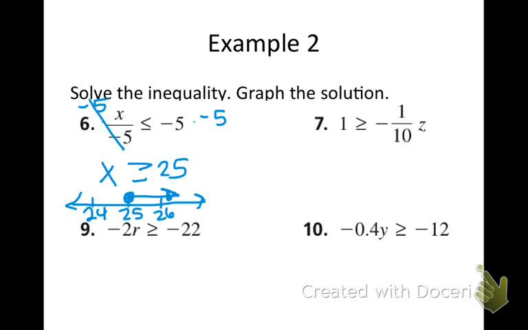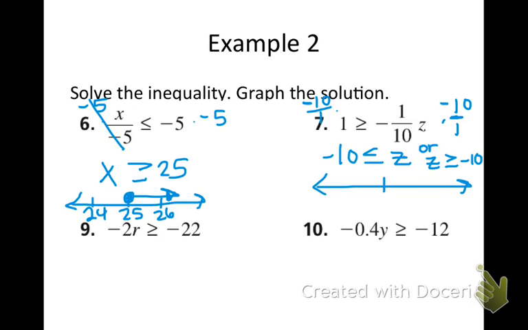For 7, over here on the right, we will multiply both sides by a negative 10 over 1. So a negative 10, reverse the symbol, will be less than or equal to z, and then I can rewrite it to be z is greater than or equal to negative 10, so that when I graph it, I can see that the arrow will point to the right.